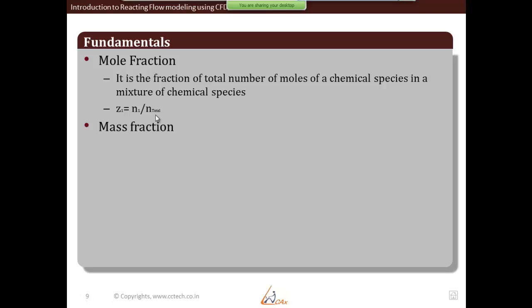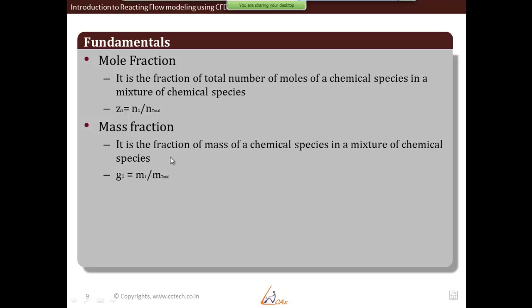Also mass fraction, which is a related concept, is the fraction of mass of a chemical species in a mixture of chemical species, and it is again defined as the ratio of mass of that species upon total mass of the mixture. Now the relation is pretty evident.